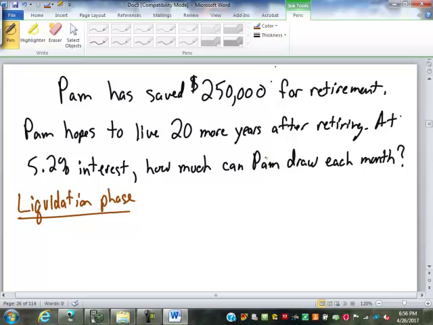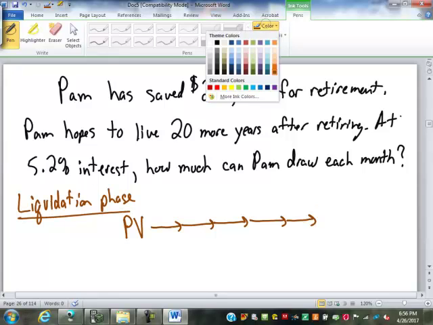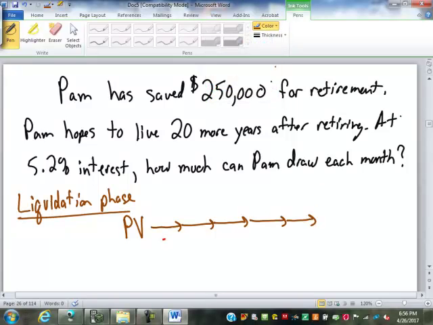The liquidation phase means we're starting with that lump sum. That is called a present value. And every period, we are taking out a payment.